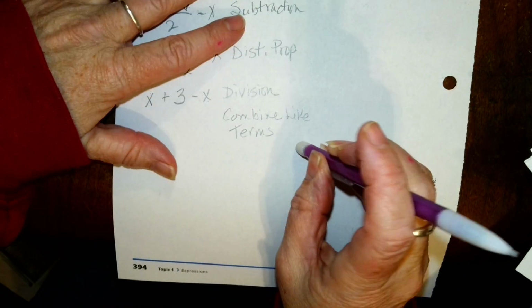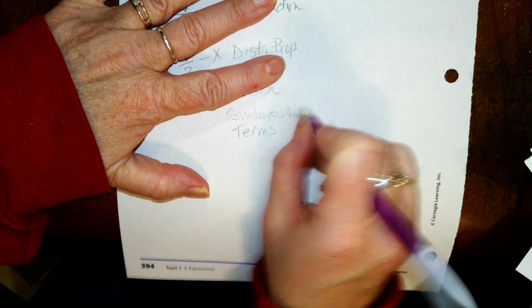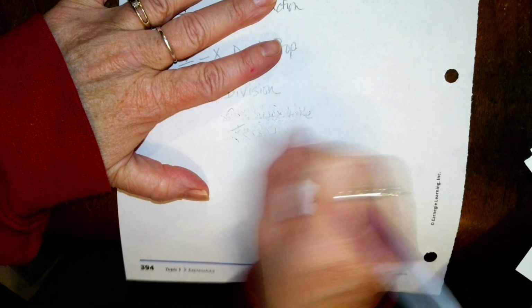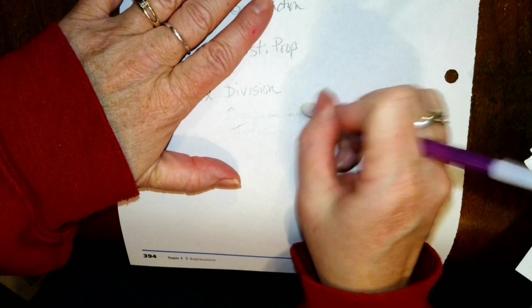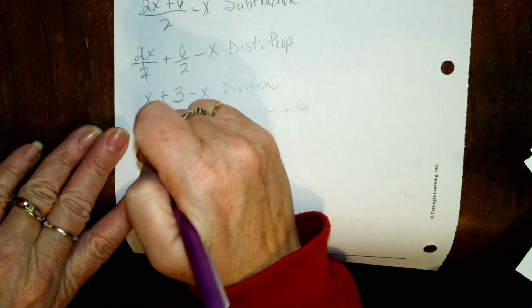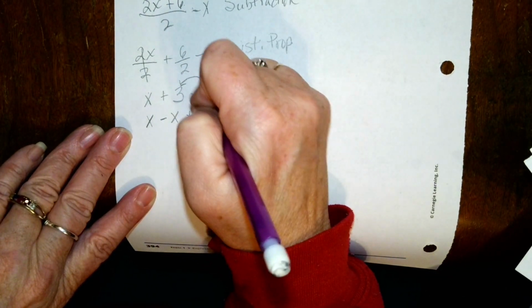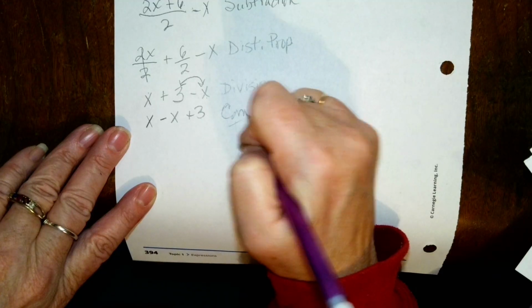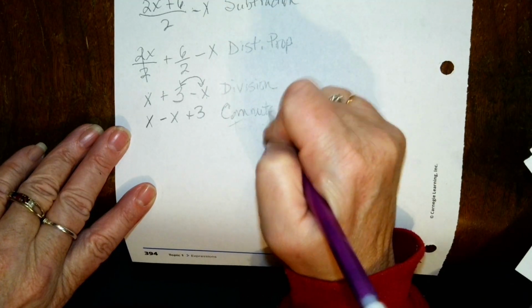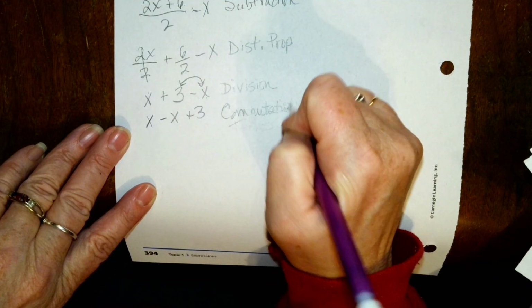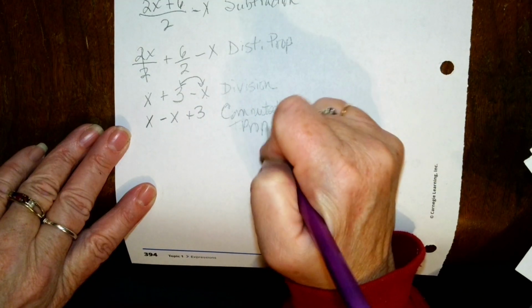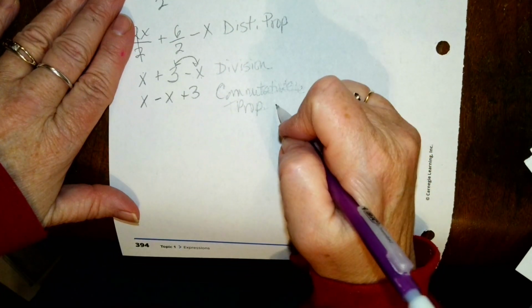I can see where we can go right to the combine like terms. They really want me to rewrite it like this, where I switch these two around through the commutative property of addition.